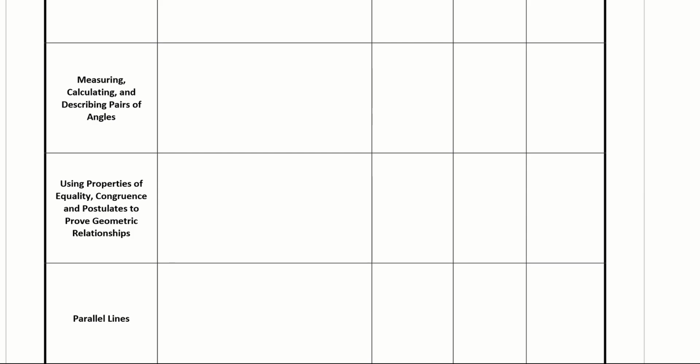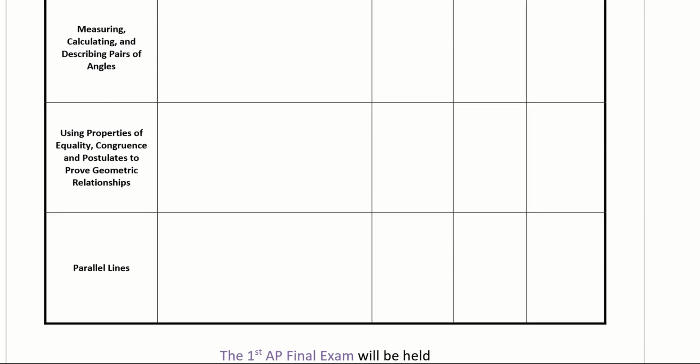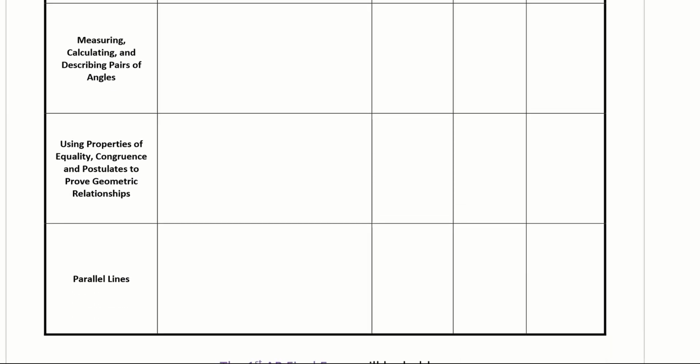Remember, we talked about pairs of angles, supplementary, linear, complementary, etc. Using those properties of equality, congruence, and postulates to prove geometric relationships, in other words, proofs. You know those lists of properties of congruence and equality and postulates? You'll have access to those lists again on the final exam, just like you did when you took the test. So hopefully those are still in your folder.